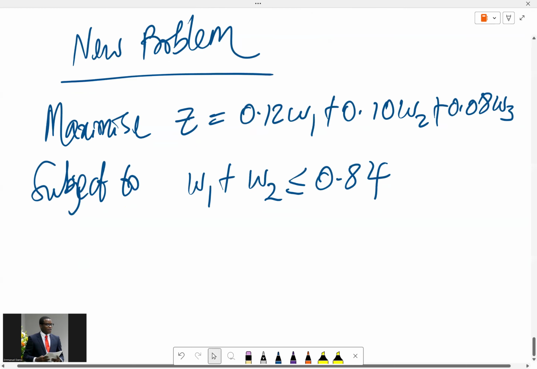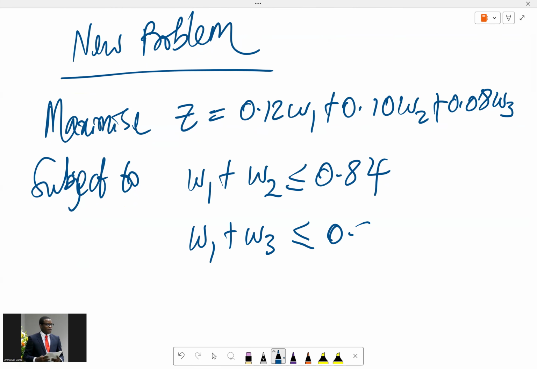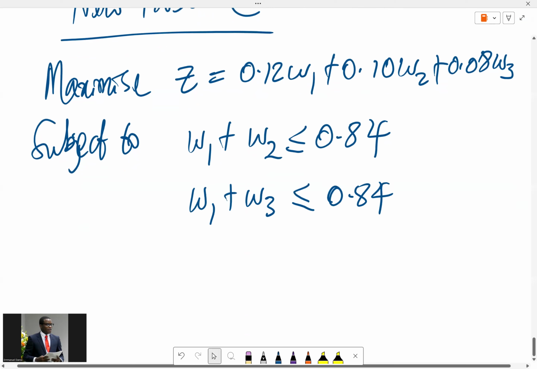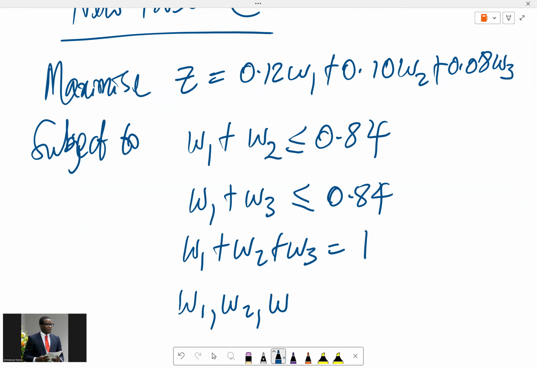It was 0.8 in the original problem. Now you have increased the feasibility region. W1 plus W3 is less than or equal to 0.84 again. And then you have W1 plus W2 plus W3 equals 1. And then W1, W2, W3 are all non-negative.